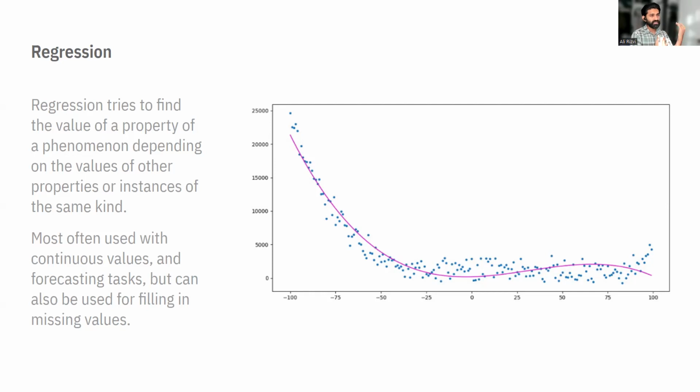Forecasting is one of the big applications, but filling in missing values in the data also works very well with regression tasks. Even when you have a data set, you can use regression on it to come up with a slightly smoother, slightly cleaner version of your data set. We'll come back to this in a second when we look at the data science pipeline.